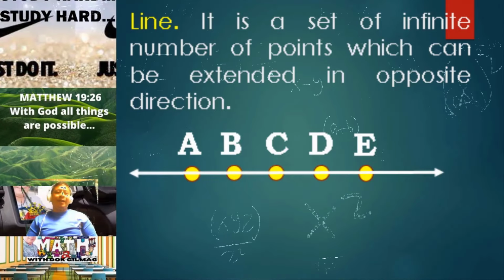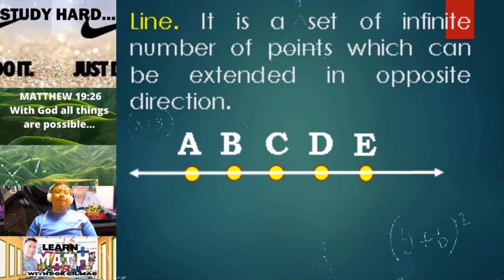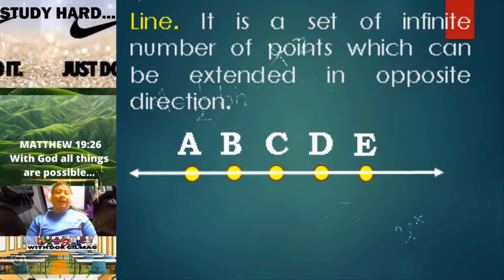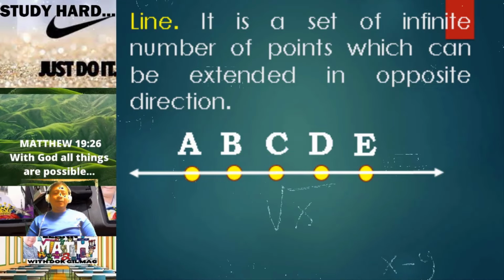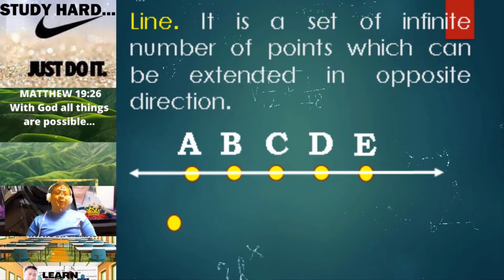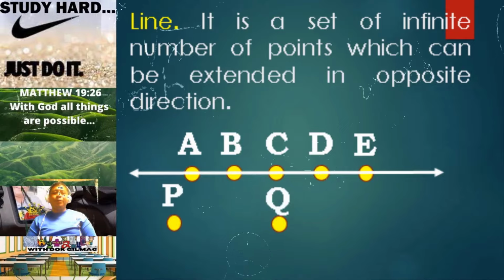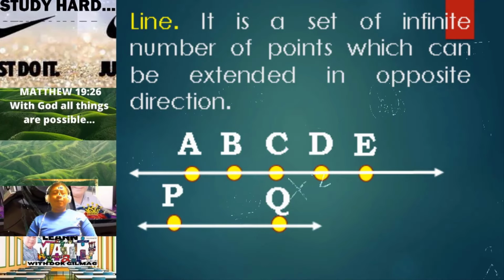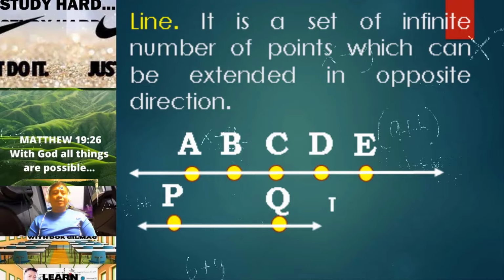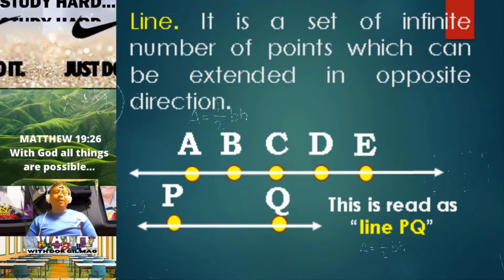How do we name a line? In naming a line, we can simply name a line using two given points. Consider 2 points here. We have point P and point Q. Connecting these points here, we form a line. We simply read this as line PQ.